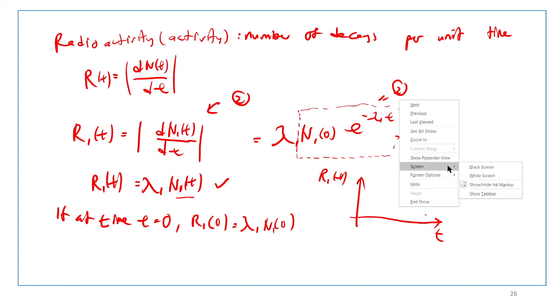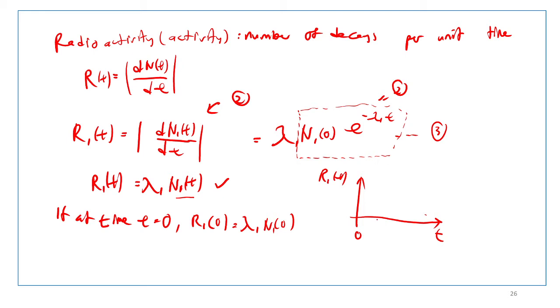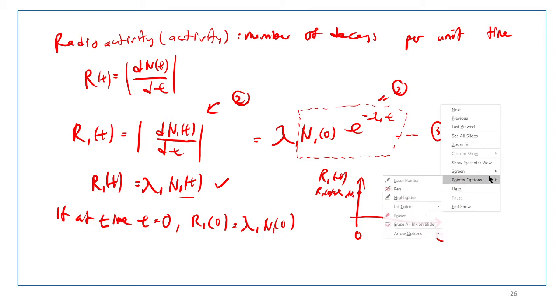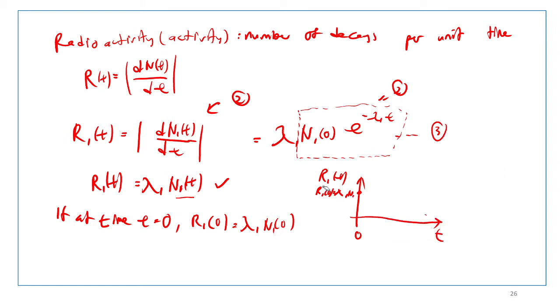Let's use a better example. Since we know R10, at this point it is precisely equal to R10, which is equal to lambda 1 N10. Sorry, I should draw it bigger.